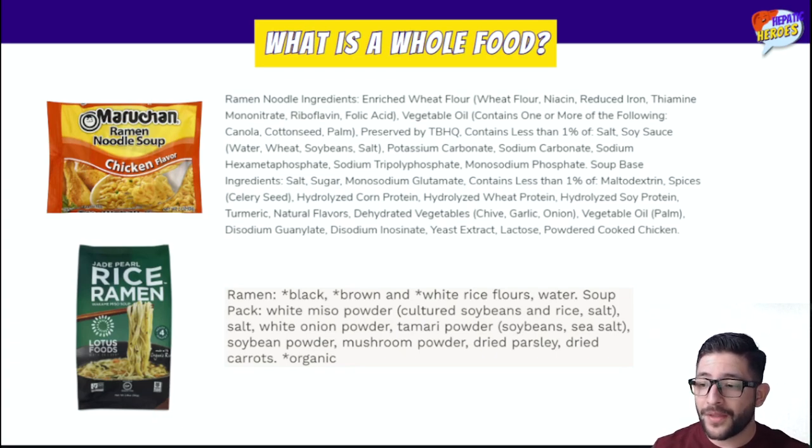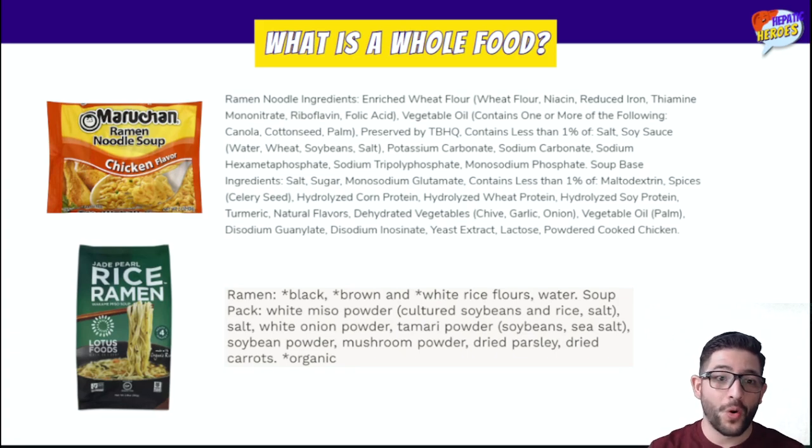Another thing to note is that the second ramen example uses more whole ingredients, meaning it's literally black, brown, and white rice flours, right? The soup pack has white miso powder, white onion powder, soybeans, sea salt, mushroom powder, dried parsley, dried carrots. It is not hydrolyzed corn protein or sodium hexametaphosphate or monosodium glutamate, which is MSG, by the way. You should avoid that. But this is a super simple way to tell whether a food has been heavily processed or minimally processed.